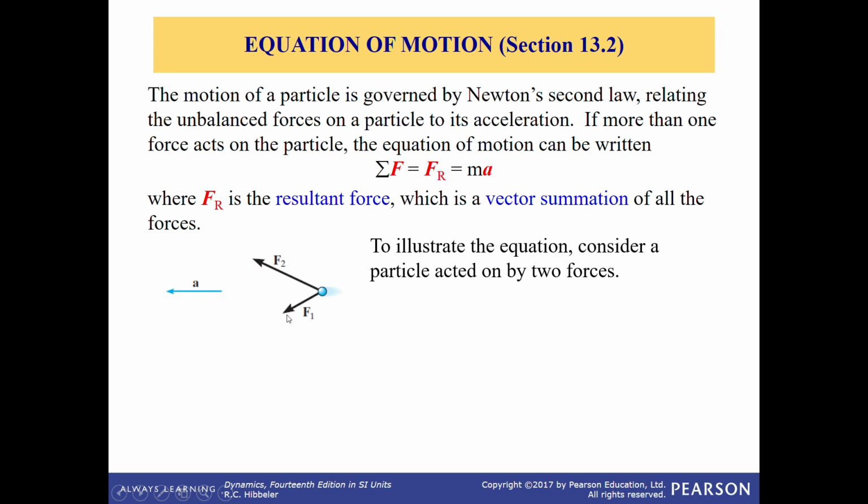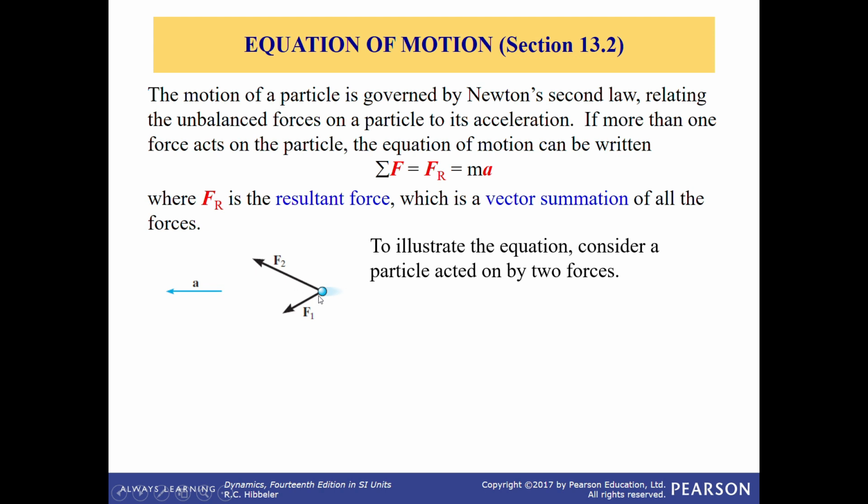The shorter length of F1 means that its magnitude is less than F2. If we put this in terms of xy coordinates, F1 will be negative x and negative y, while F2 will be negative x in this direction and positive y.